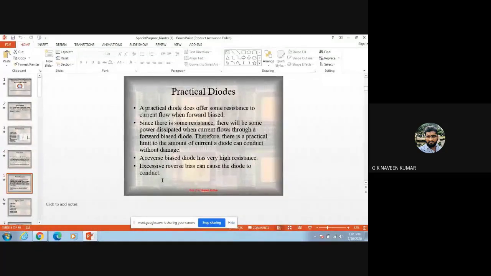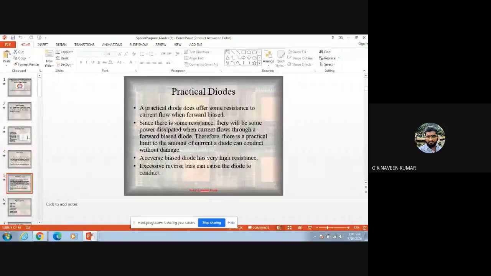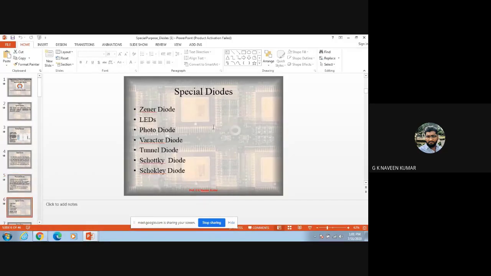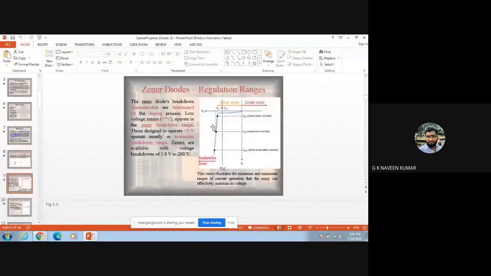That is the difference. Here the magnitude is almost 0 current flowing in reverse bias, whereas here a few microamperes or a small amount of current will flow. That is the simple difference between practical and ideal diodes.